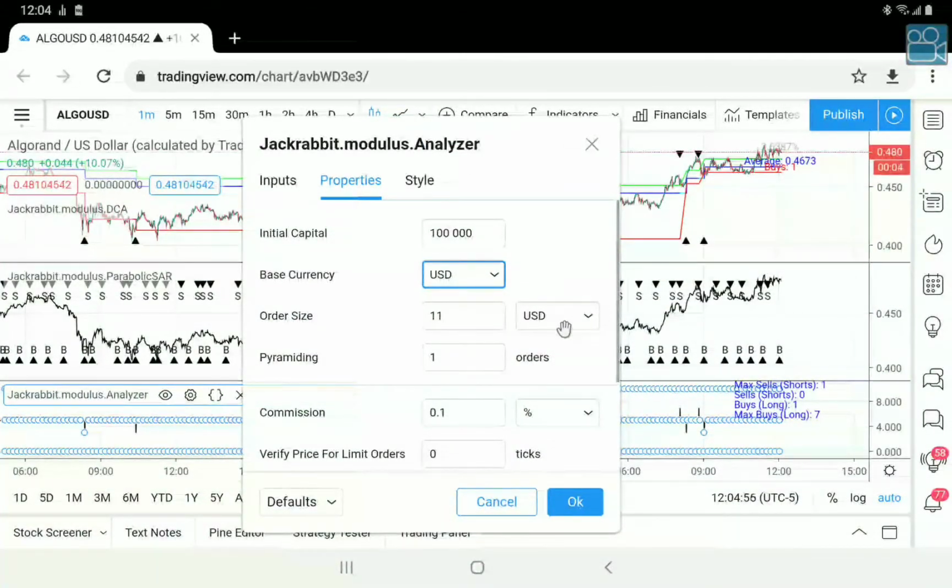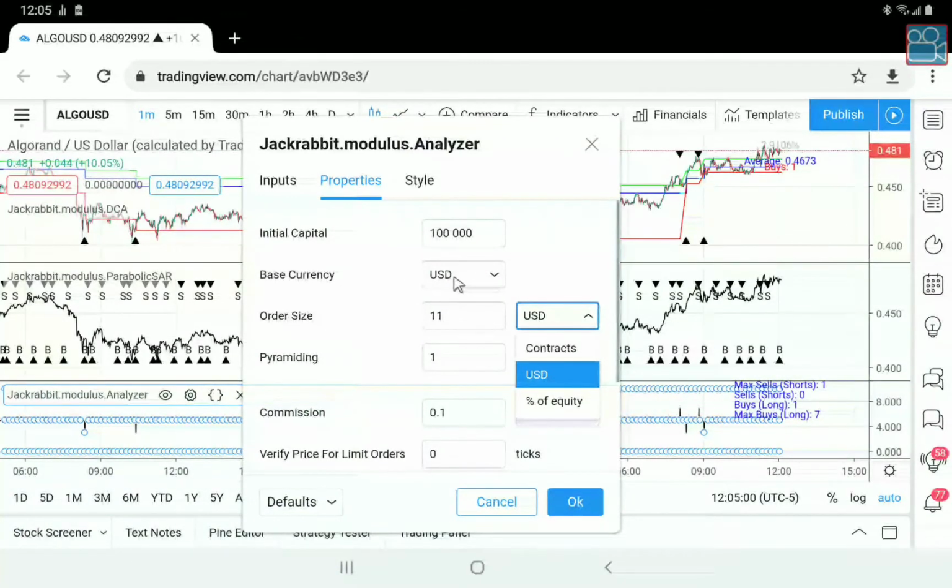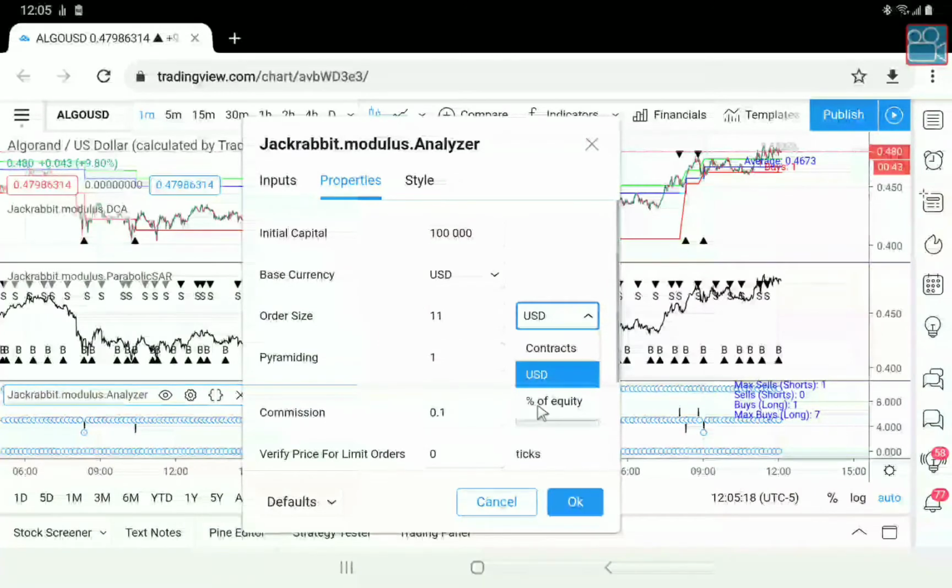Make sure this line lines up appropriately to the first one, or your results will not be accurate. If you use percent equity, there is a cacophony of bugs built into TradingView that make this a complete mess to work with. So be aware of them when you're trying to test this one out.